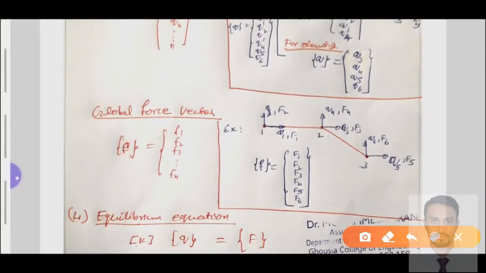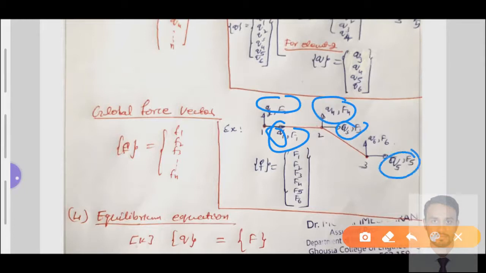This is called the global force vector. Similarly, the forces are f1 for displacement q1, f2 for q2, f3 for q3, f4 for q4, f5 for q5, f6 for q6. Where we have a displacement at a node, in the same direction we have the force. At each node 2 degrees of freedom means 2 forces are there: along the x-axis a force is there, along the y-axis a force is there.